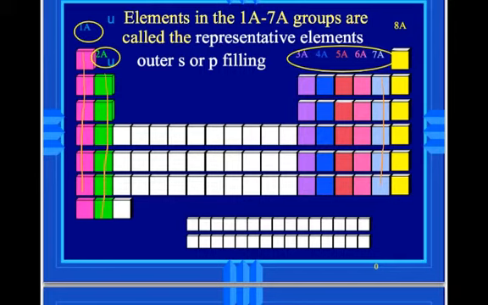Now I've just drawn in the representative elements here. So here's boron, carbon, nitrogen, and oxygen. So I would call this group here the boron group. This would be the carbon group, the nitrogen group, and the oxygen group. And all the elements that are in the bottom of this column have similar characteristics to boron. All of these have similar characteristics to carbon.